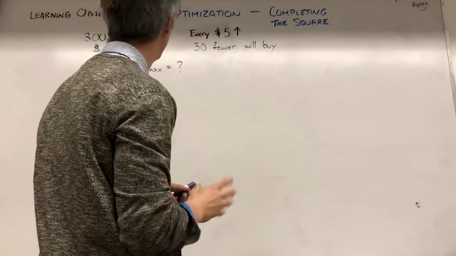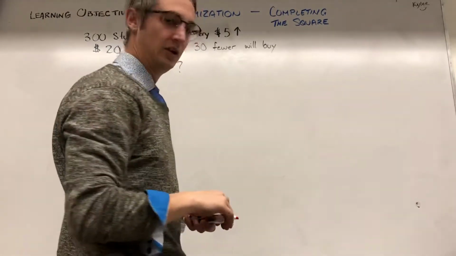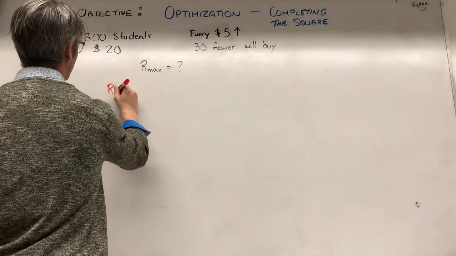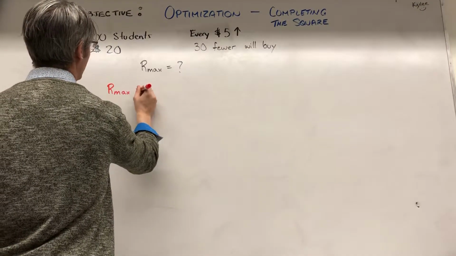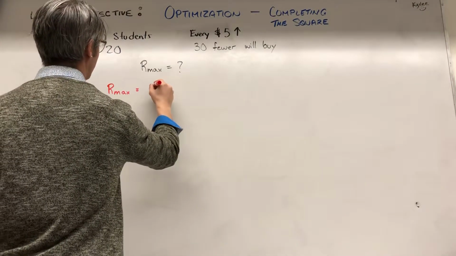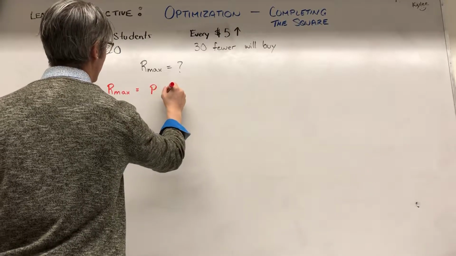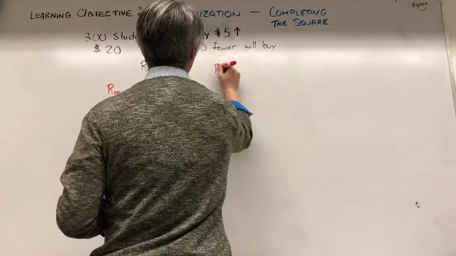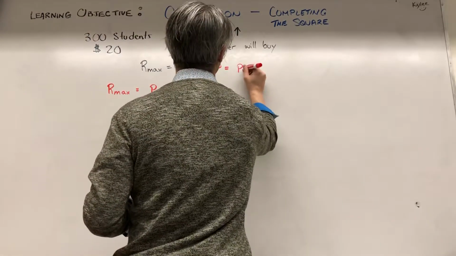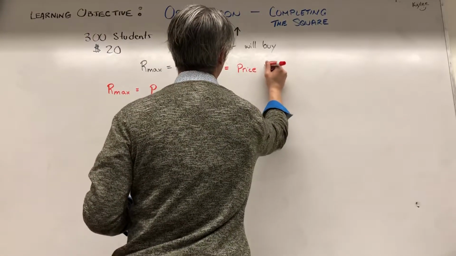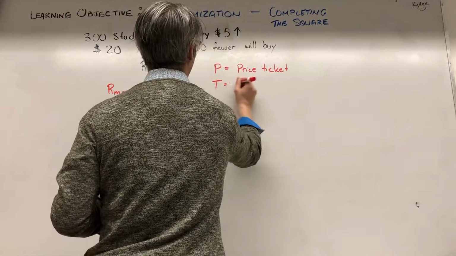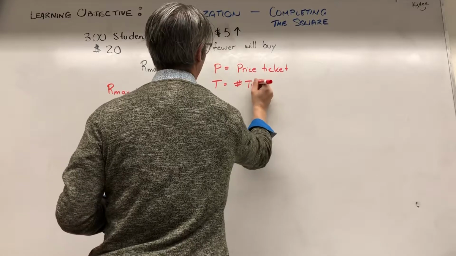Okay, so from all this information, we know two things. First off, we know our max revenue is going to be our price times the amount of tickets sold. Okay, so P is price per ticket, and T is number of tickets sold.